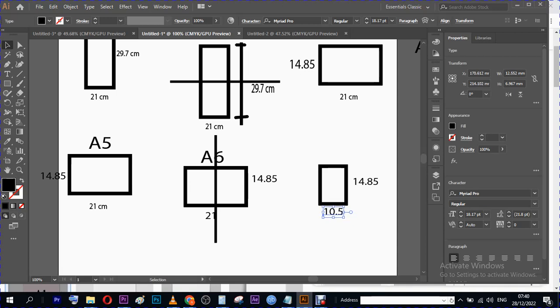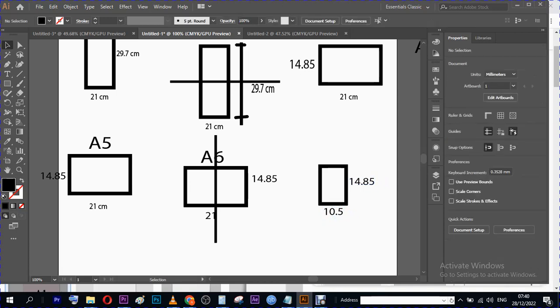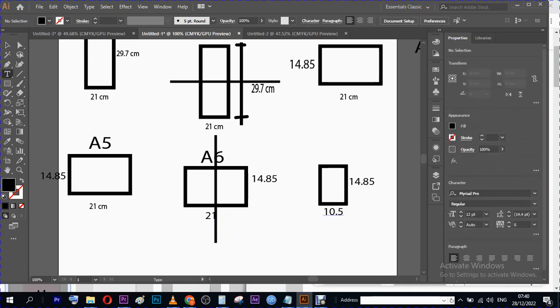So that is what we shall be having, a 10.5, then a 14.85. It is basically half of 21. That is our width.